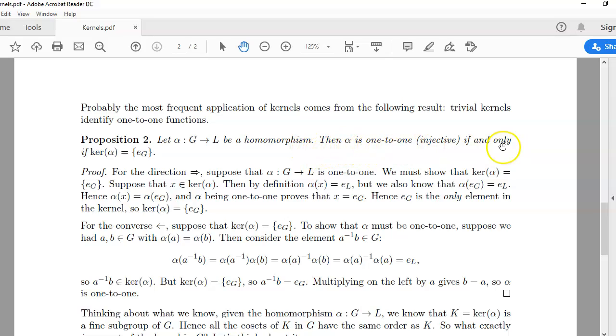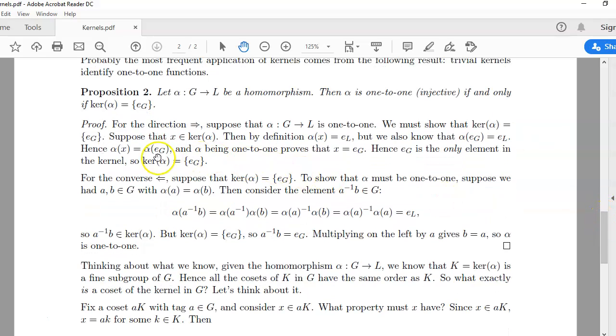Then alpha is one-to-one if and only if the kernel is the trivial subgroup of G. I walk you through the proof here. The proof is not hard, and I'm very explicit. I lay everything out, so read this and make sure you understand exactly why this is true. But there's an easy test to tell if your homomorphism alpha is one-to-one: you simply check whether or not the kernel is the trivial subgroup of G.